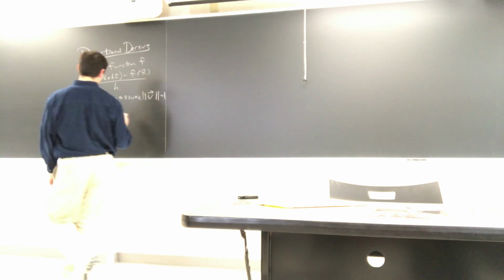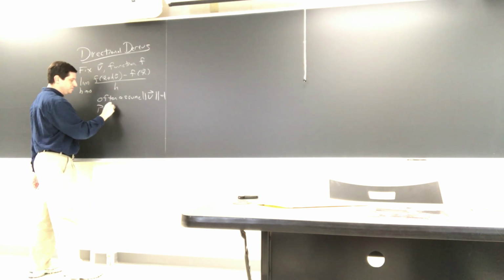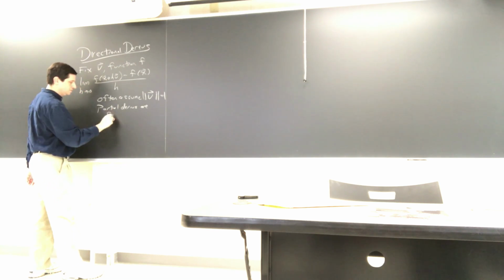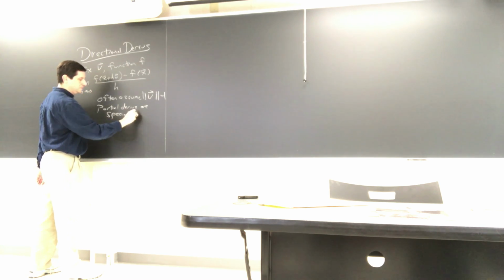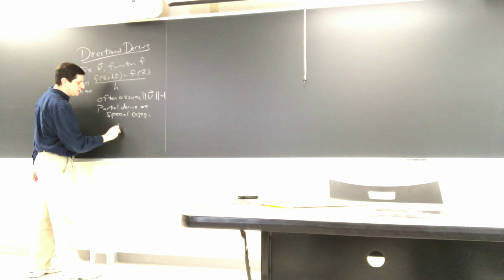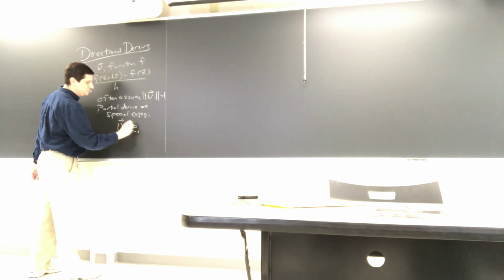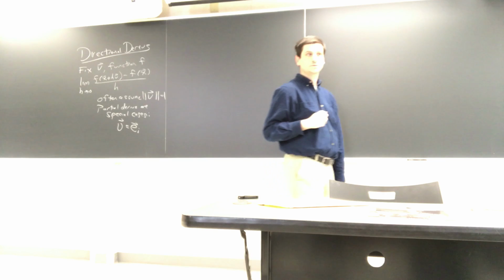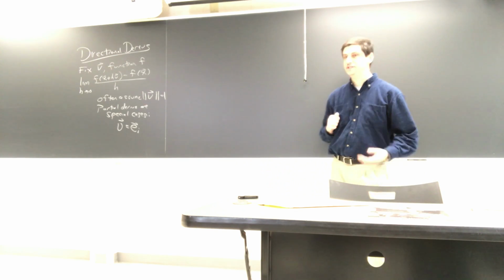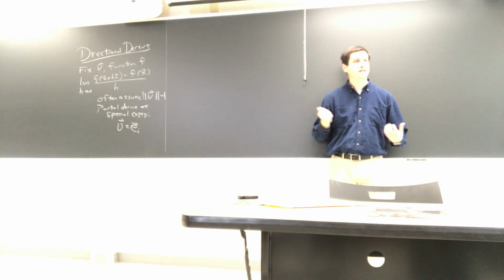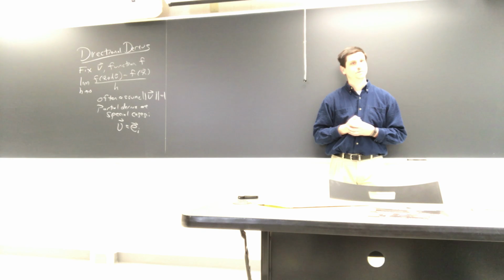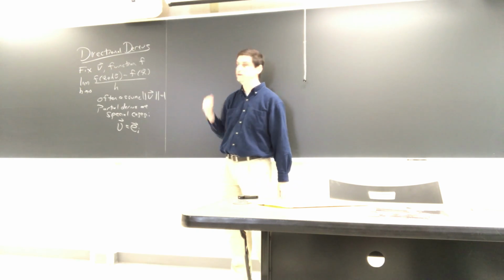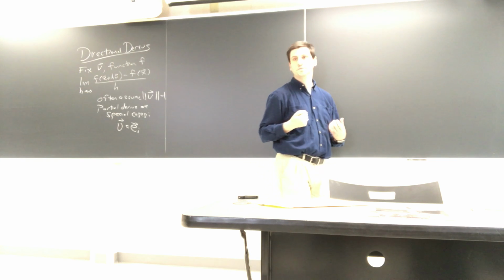So partial derivatives are special cases. So we'll just take v to be a unit vector in the e_i direction. So all we're doing now is saying, let's allow ourselves to travel in any direction. And so if I wanted to compute the directional derivative, I could use this formula.